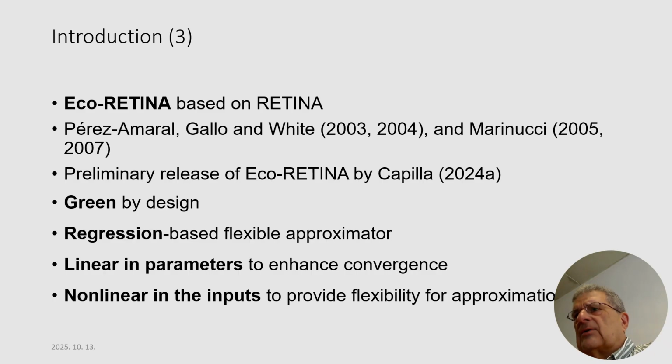This is an algorithm which is green by design. It is a regression-based flexible approximator. It is linear in the parameters to improve convergence, and it is nonlinear in the inputs to provide flexibility for approximation.